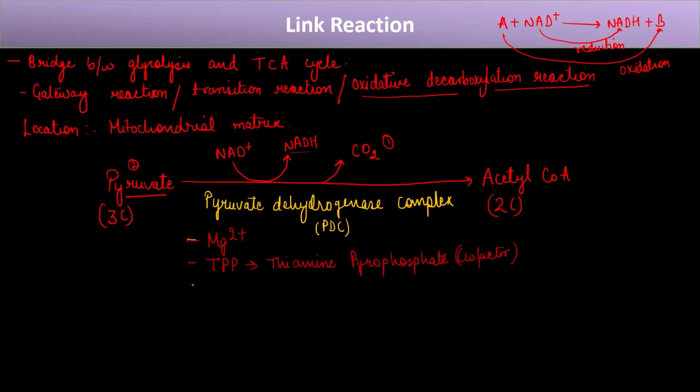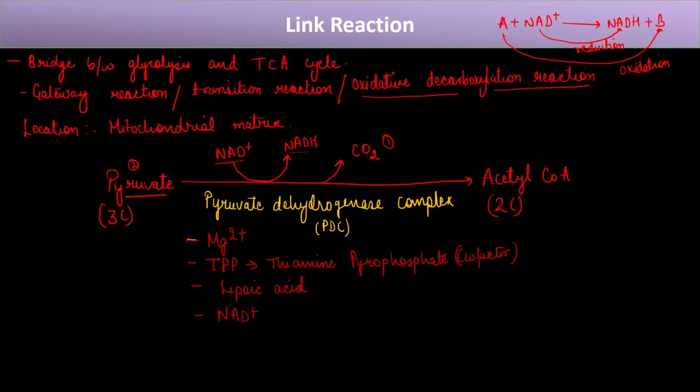The third thing it consists of is an acid known as lipoic acid. And the fourth thing it has is NAD plus. So these are all the things present in this pyruvate dehydrogenase complex.